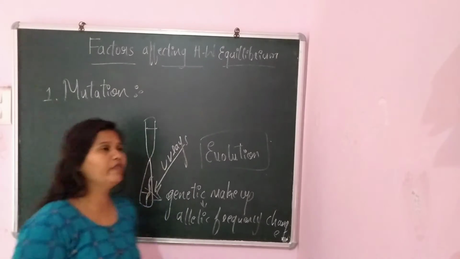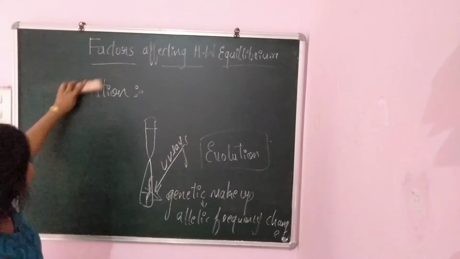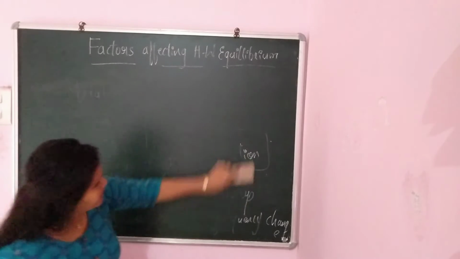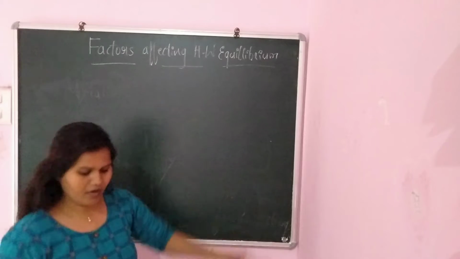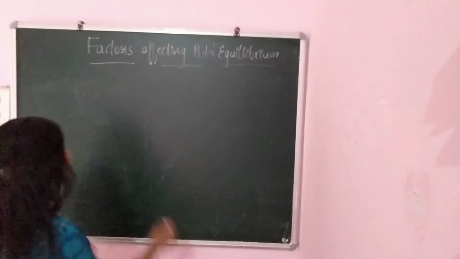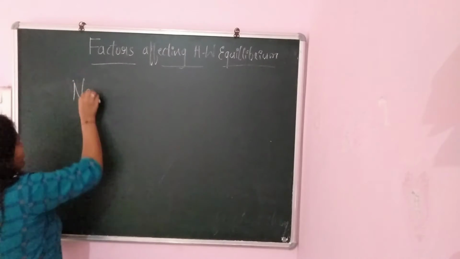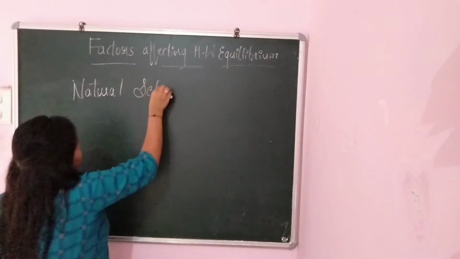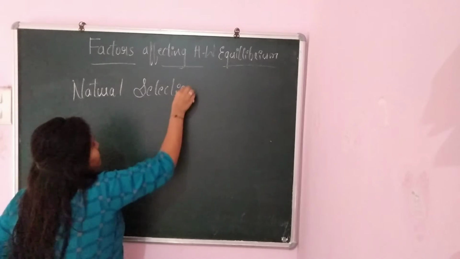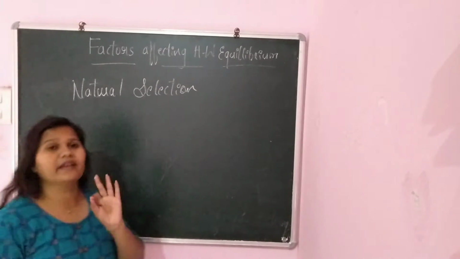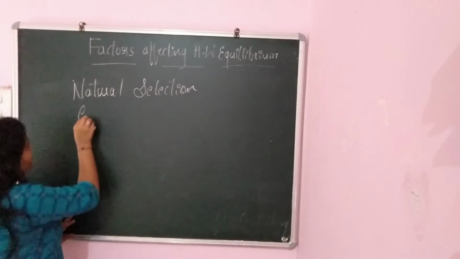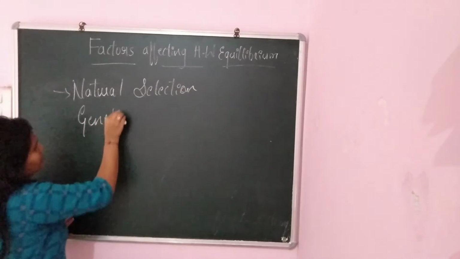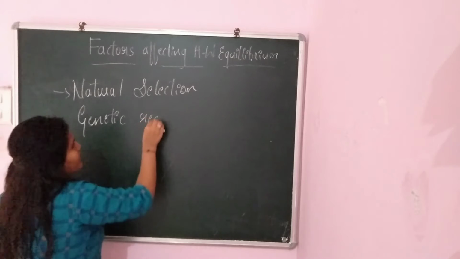Now we'll go on with the last factor which affects the Hardy-Weinberg equilibrium. We all know what natural selection is, right? But before natural selection, we'll go on with genetic recombination.